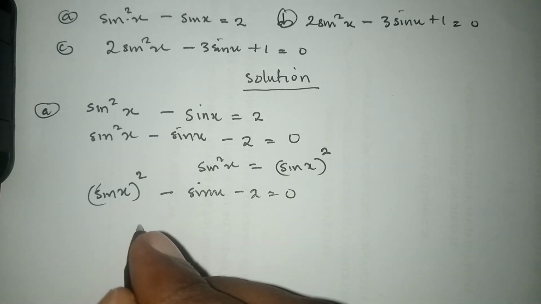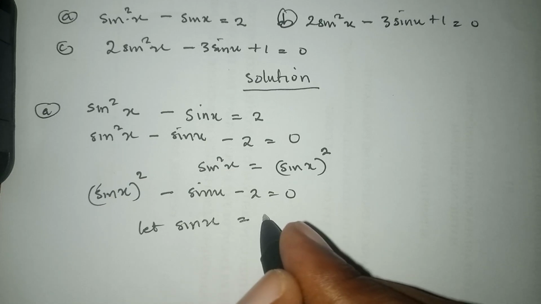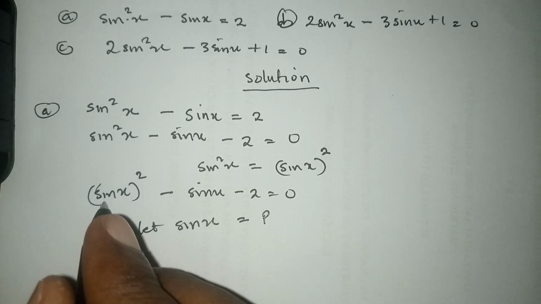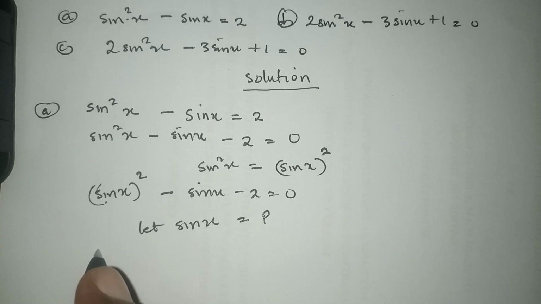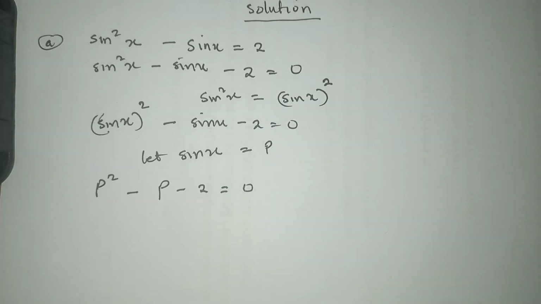So you say let sine x equal p. We substitute here, so we have p squared minus p minus 2 equals 0. Now we factorize this expression. My favorite method: the first times the last, minus 2 times p squared, that's minus 2p squared.